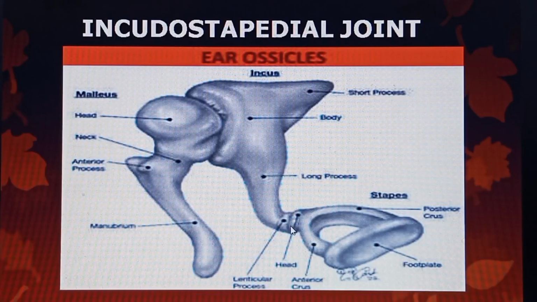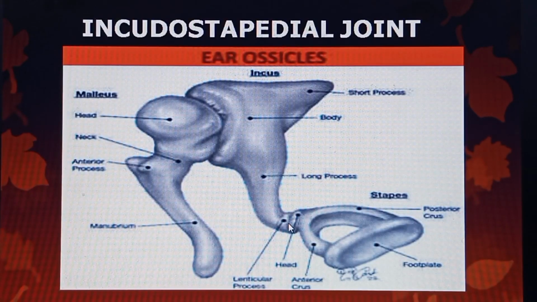And my friend, this incudostapedial joint is a ball and socket joint. Why? Because I said that this lenticular process presents a cup-shaped depression, and the head of the stapes will be rounded and will fit in over here, permitting all those diarthrodial movements which are permitted by the ball and socket joint.